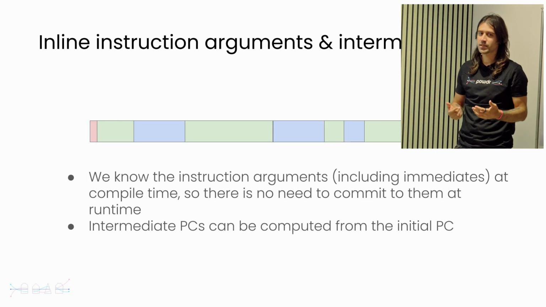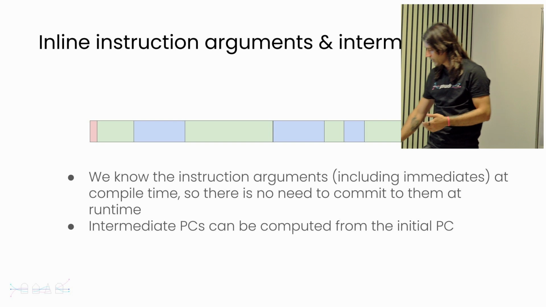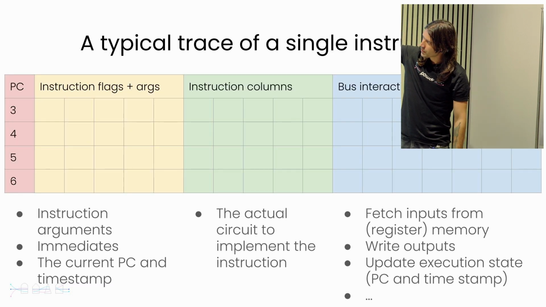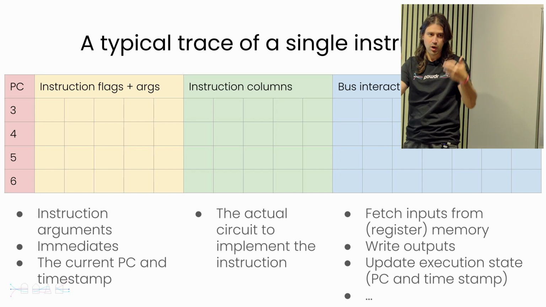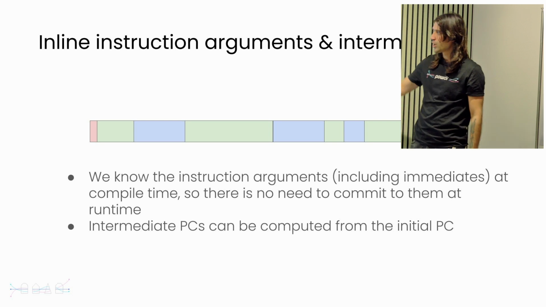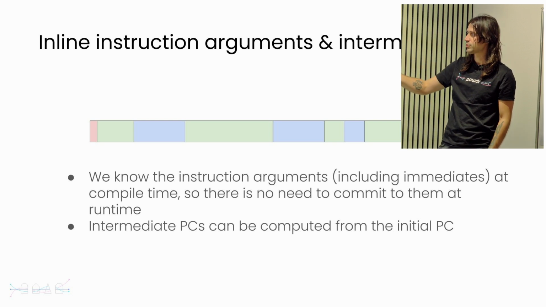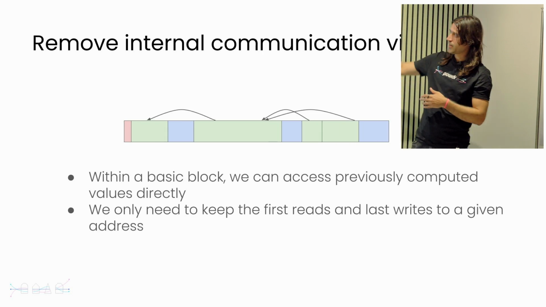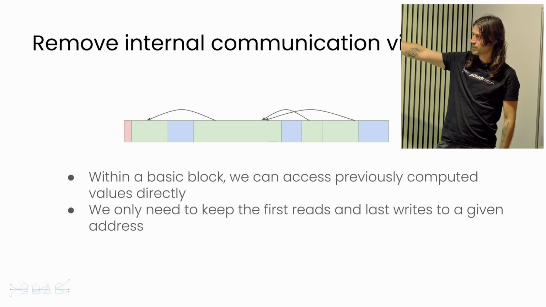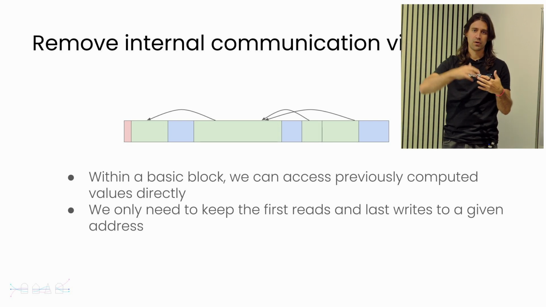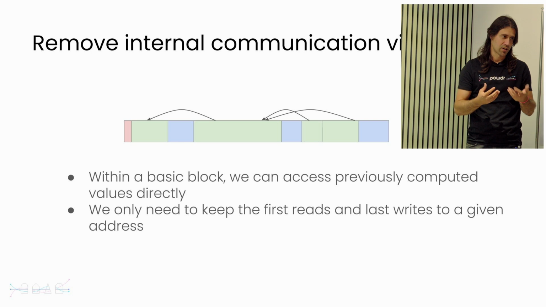But now we can start optimizing things. The first thing is you see that here we have the yellow data, which is the instruction flags, but now we know what they are. They're written in the block, so they just go away. We know what they are, including immediates, at compile time, so we just remove them, and they don't have to be here. The next thing is we can start optimizing the blue and green parts, because a lot of data is local, so we don't have to keep going to memory and back, which instructions generically need to do.